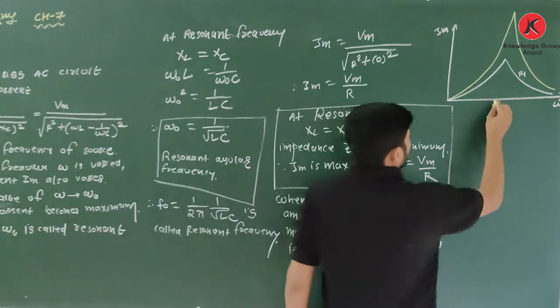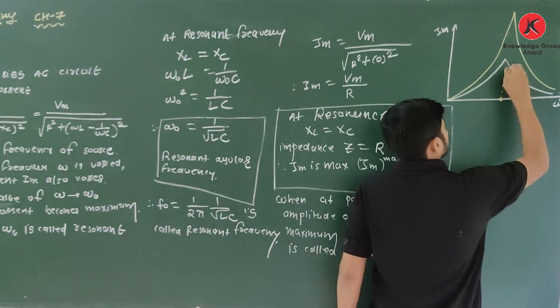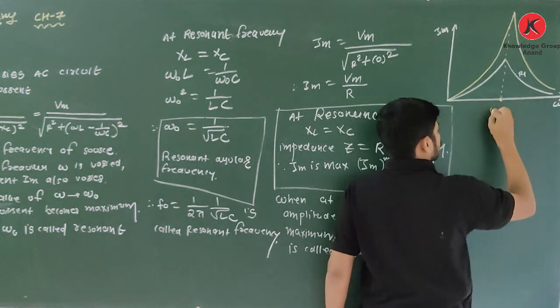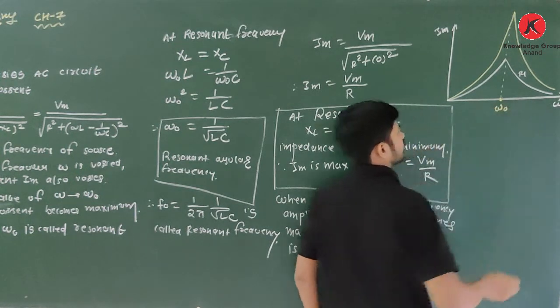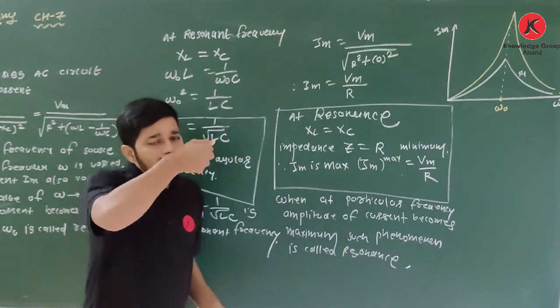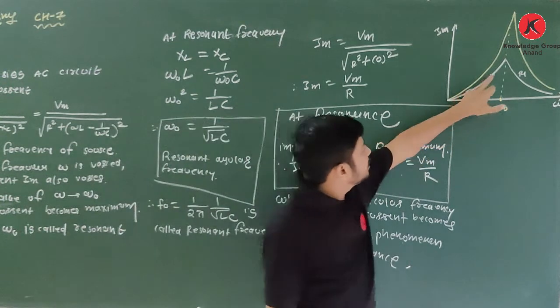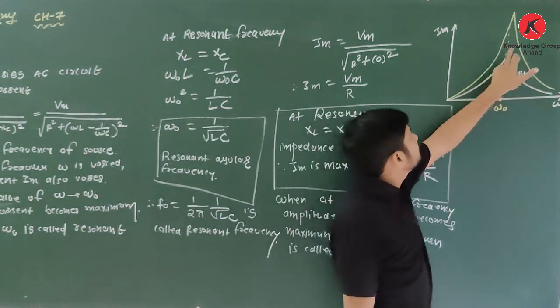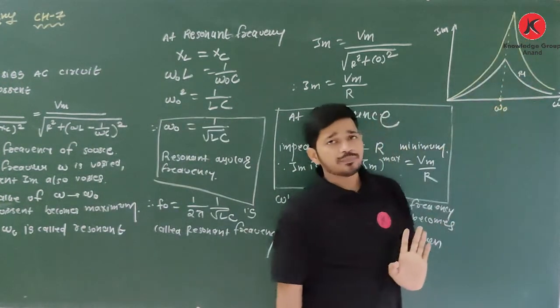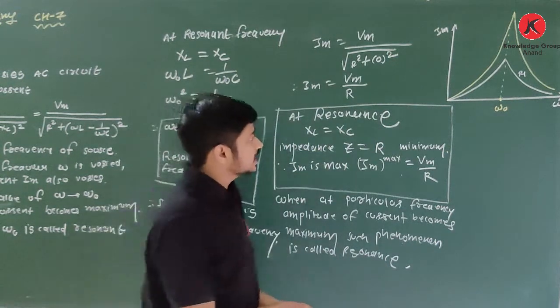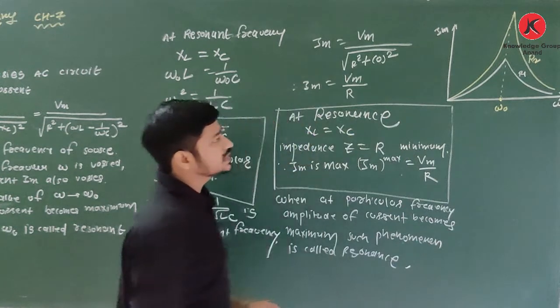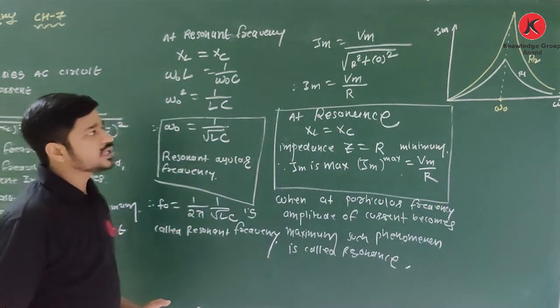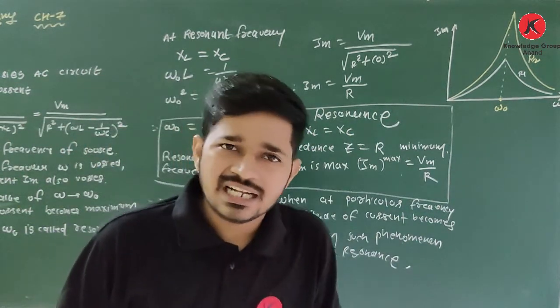See, when omega is equal to omega 0, at that omega 0, that is at resonant frequency, the amplitude of current becomes maximum. Clear about this? So it is the graph of Im versus omega for two different resistors.